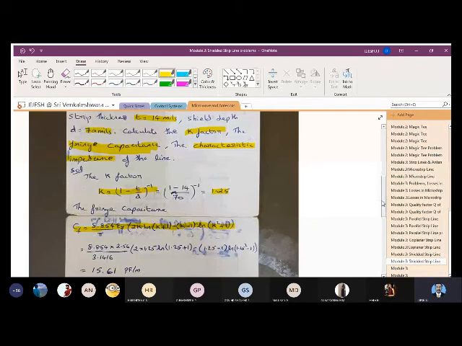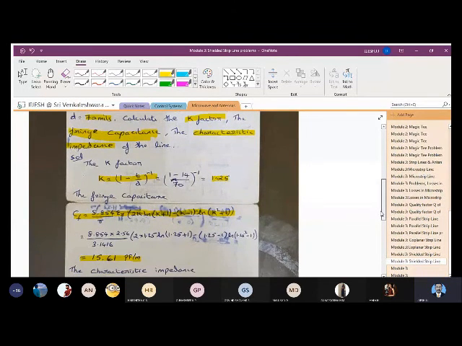I am saying clearly, read the question properly. In this module you may see that problems are almost similar, but read the question properly. So you need to find Z0.